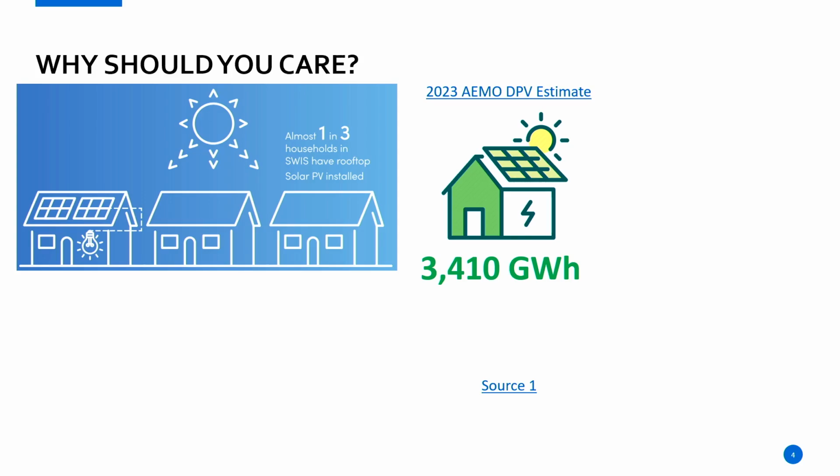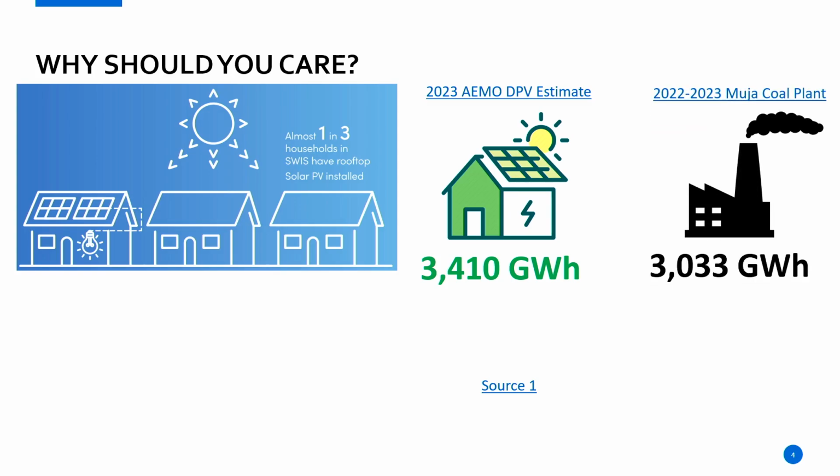Now, you don't need to know what a gigawatt hour is, but I want to compare that to a traditional coal plant. Here I'm going to compare that to the Muja power station in Collie, West Australia, and again, just looking at 1 year of generation. That comes out to about 3,000 gigawatt hours of electricity.